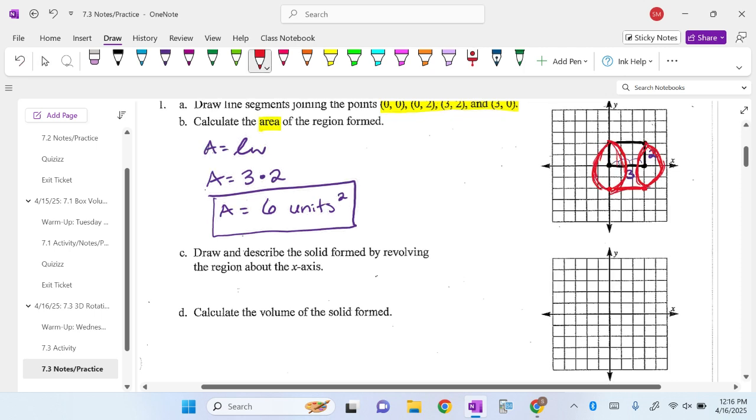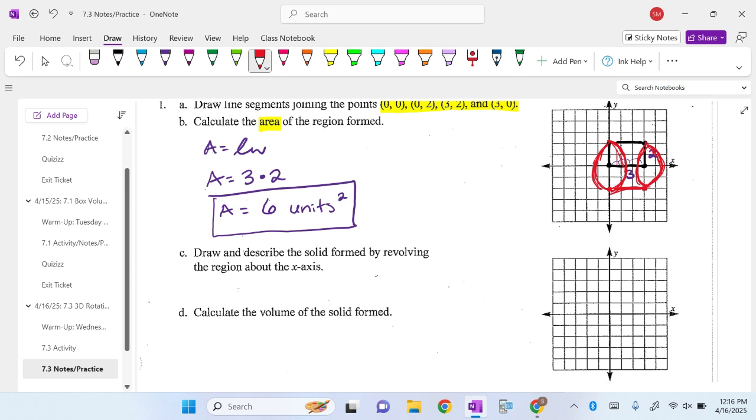So now we're calculating the volume of this cylinder. So what's the volume of the cylinder? What's the formula? It's on that pink sheet I gave you. How do you find volume of a cylinder?